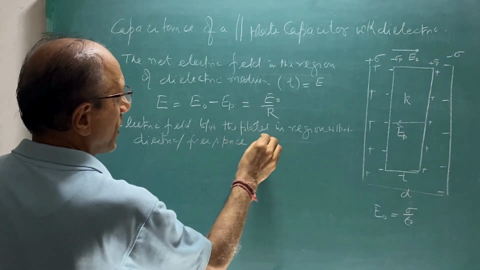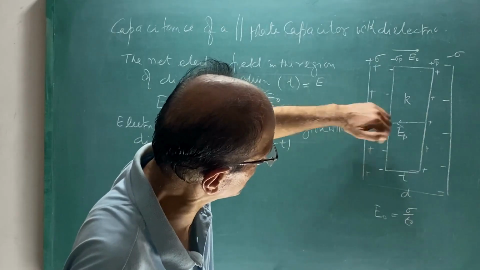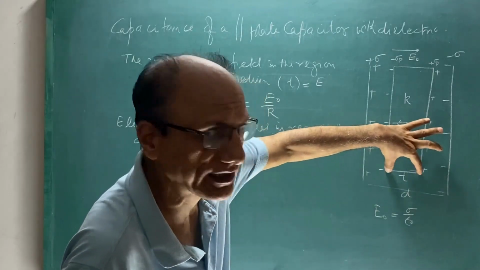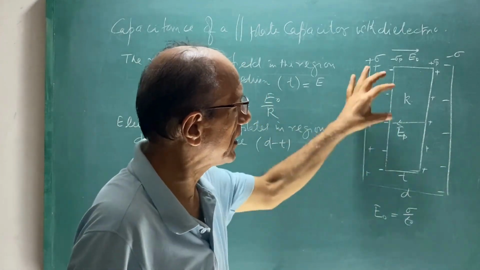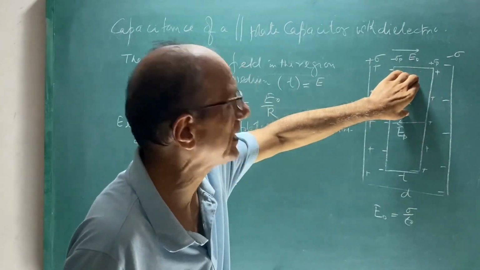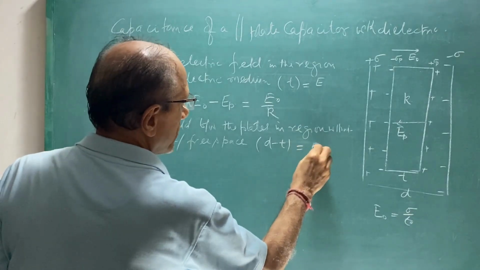That free space is what? D minus T. This is the free space. That is how much? D minus this T. So this is free space. In this region, electric field is E naught. Here also E naught, but here it is E.